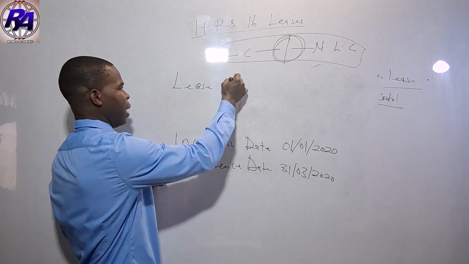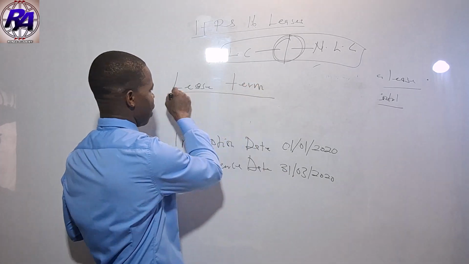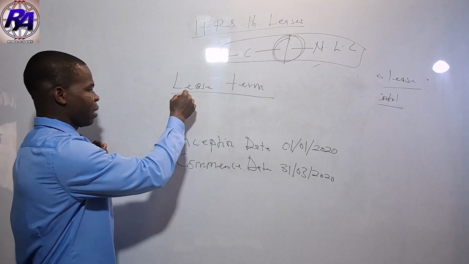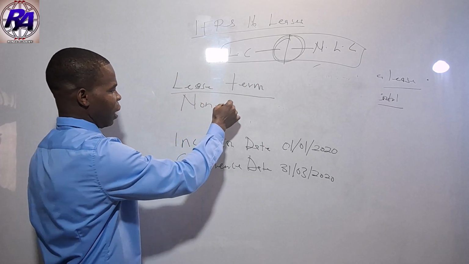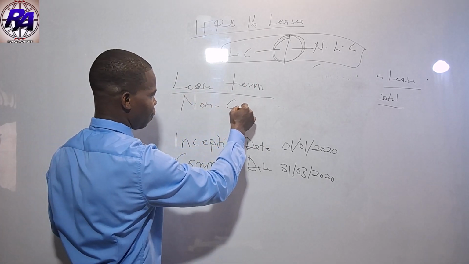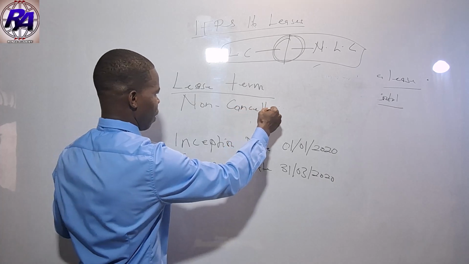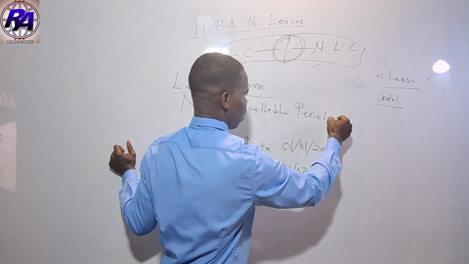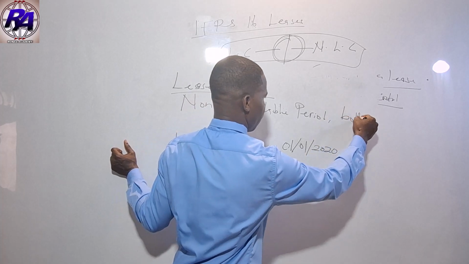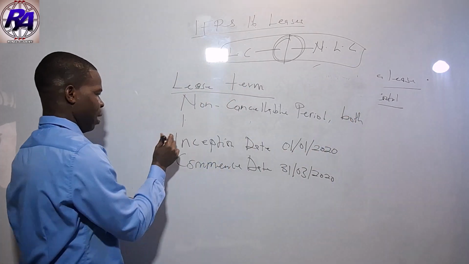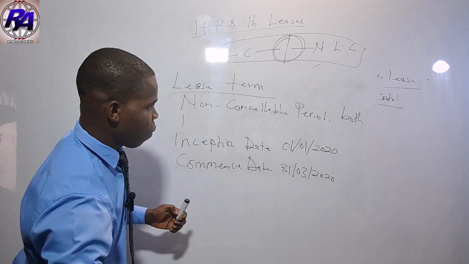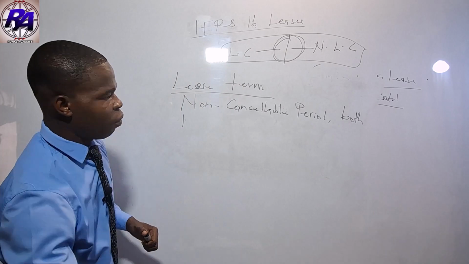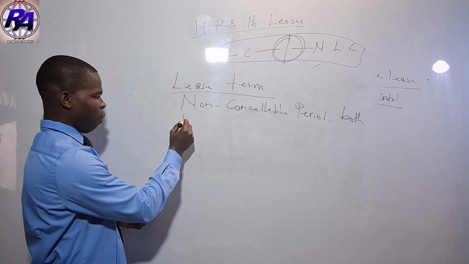Lease term. According to IFRS 16, when we talk about the lease term, it is the non-cancelable period, which includes both 1 and 2.